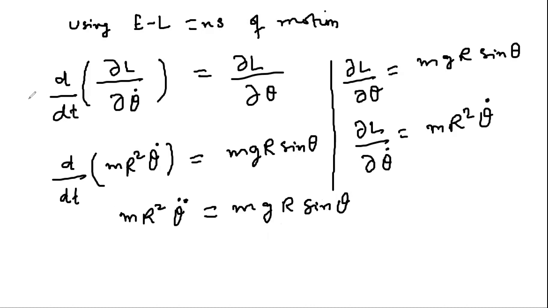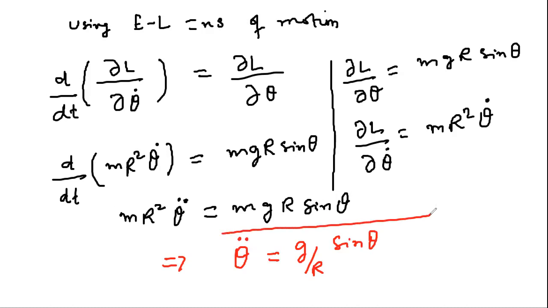Let me change the color. I will use red now. So my equation of motion will be simply theta double dot is equal to g by r sine theta.